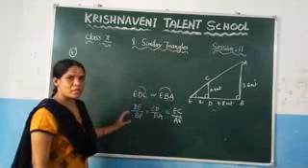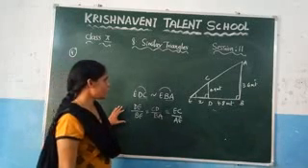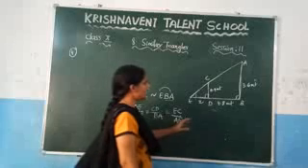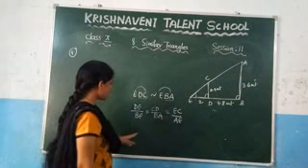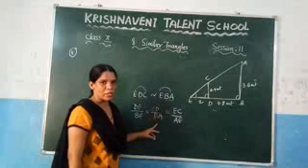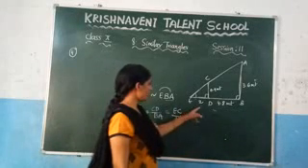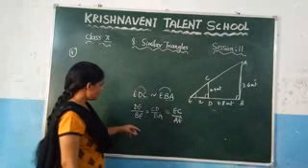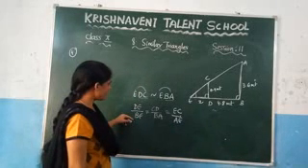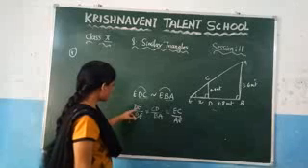Now check which values we know. We know AB and CD. Where are AB and CD? Here. After that, we know ED and DB, here.